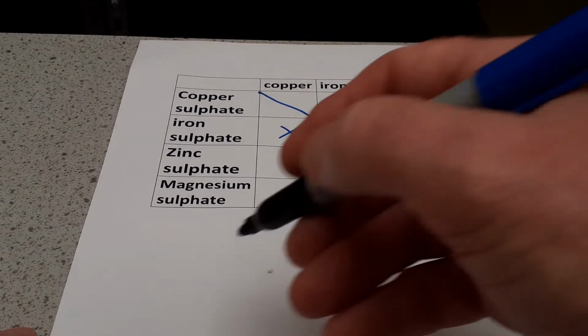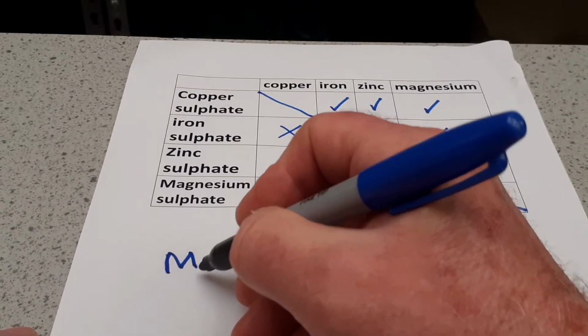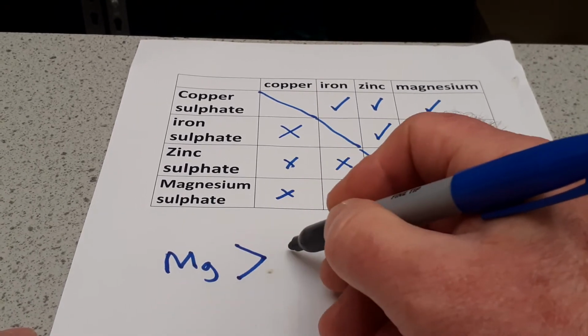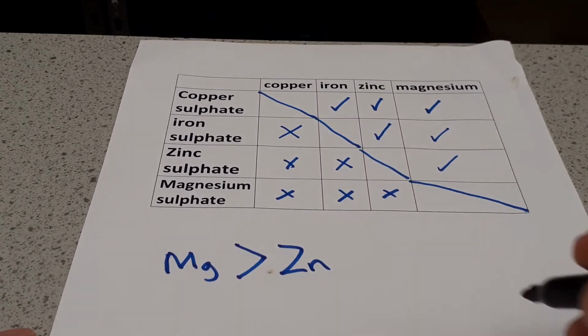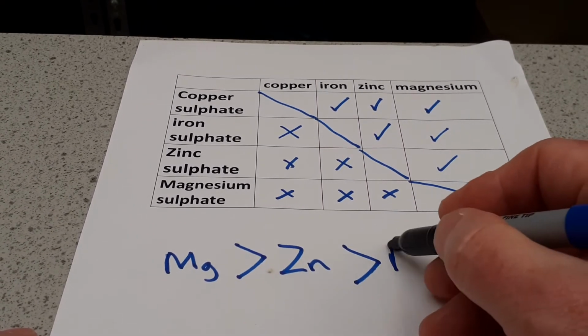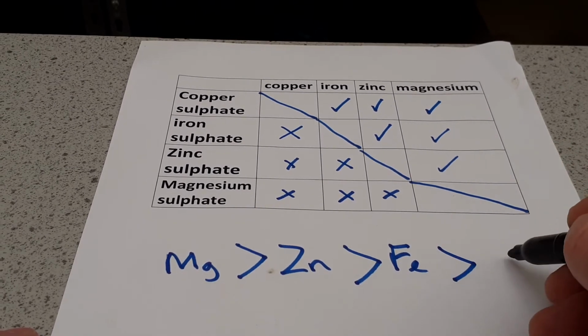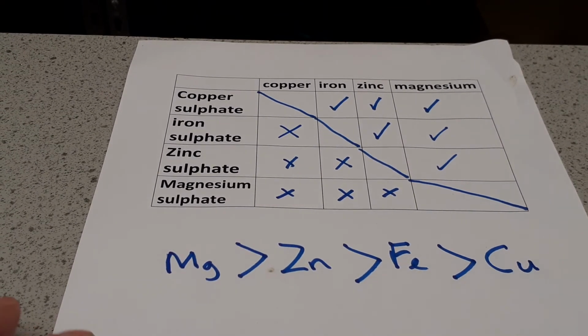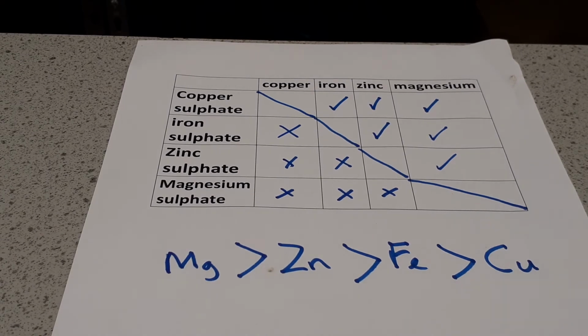So the order of reactivity must be magnesium is greater than zinc, which is greater than iron, which is greater than copper. Now the reason why there is no reaction with copper is because it is less reactive than any of the other 3 metals.